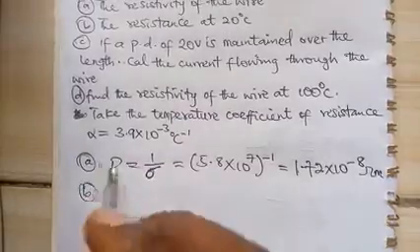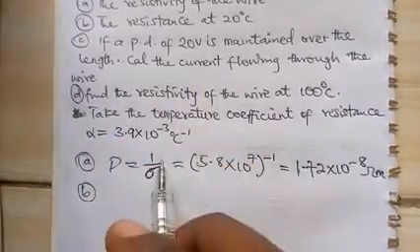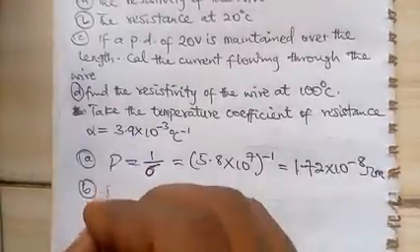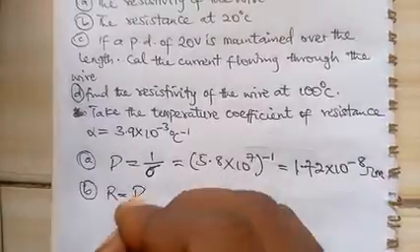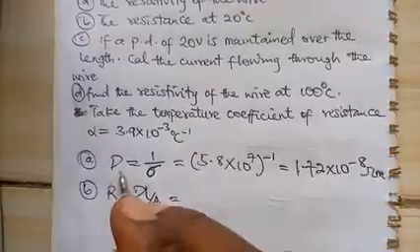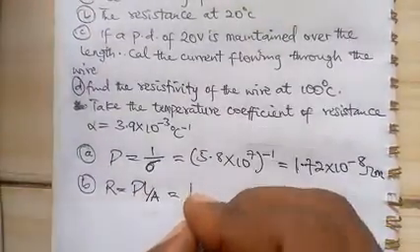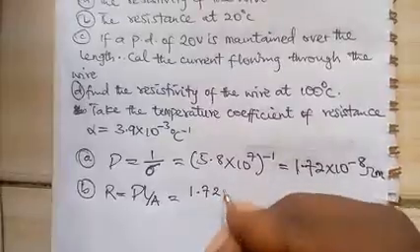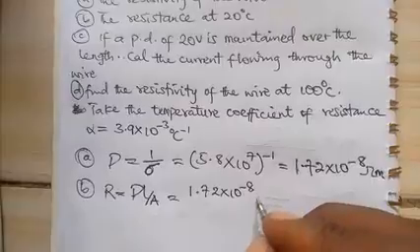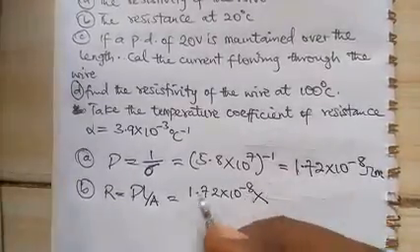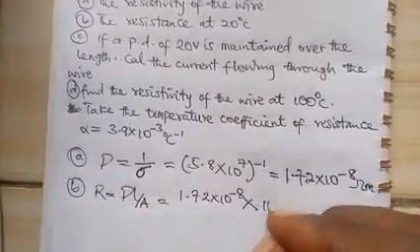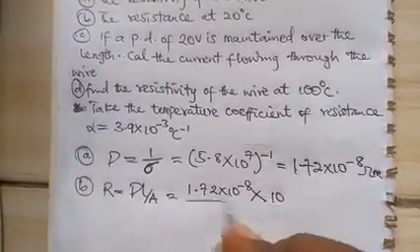For the second question, they said the resistance at 20 degrees Celsius. We remember that we have a relationship that says R is equal to rho L over A. The resistivity has already been calculated, which is 1.72 times 10 raised to power minus 8 ohm meter, times L, which is 10 meters, over the area.